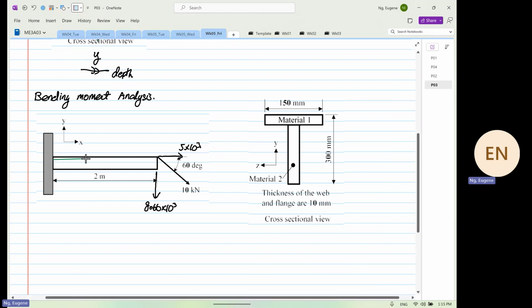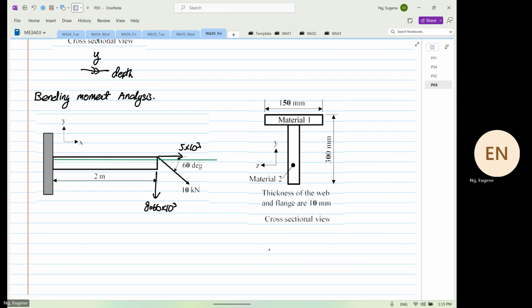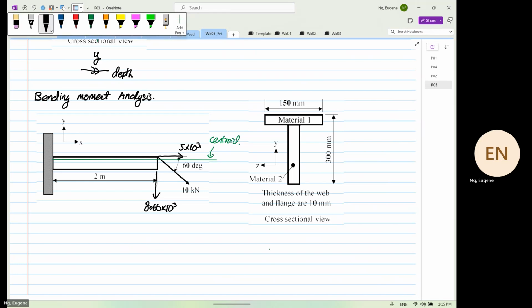So this is our centroid. Now, if that's a centroid, this is where I don't think maybe you have seen this.